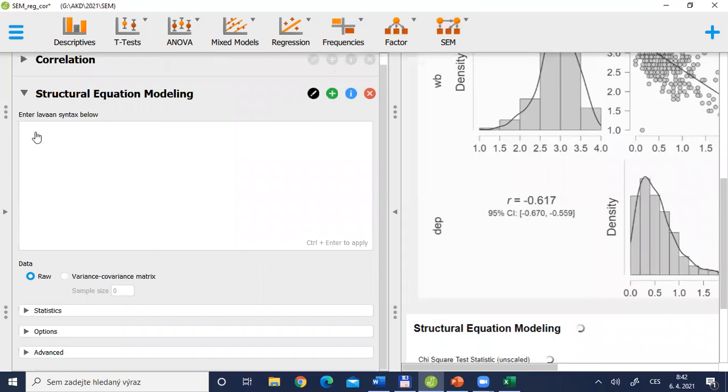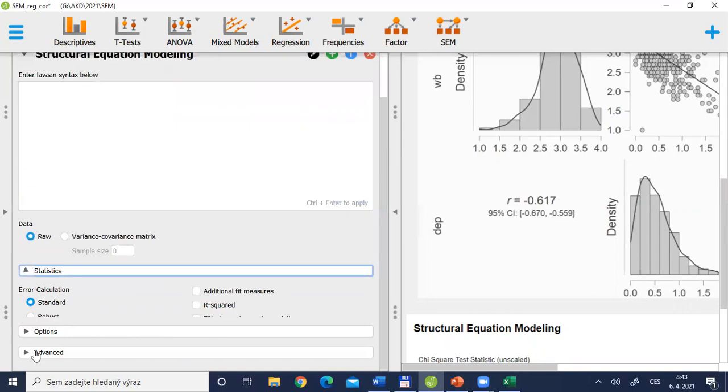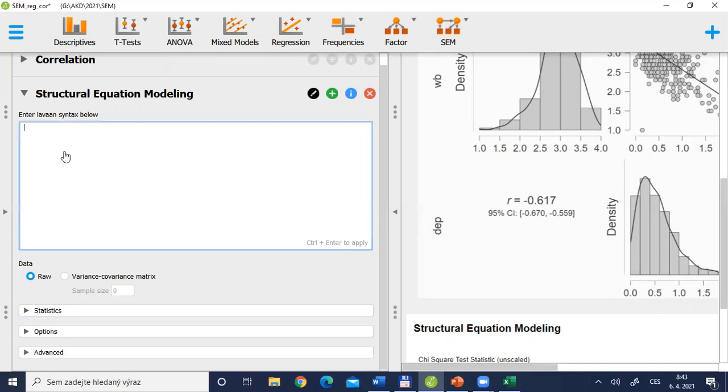Here you have a big window, which is expecting that you will type some commands. It is written here, enter Lavaan syntax below. So for this big window, I am expecting to write something. And then there are some options like in classical menus, such as statistics, options, and advanced. We will be using these. But first of all, we need to use this window.